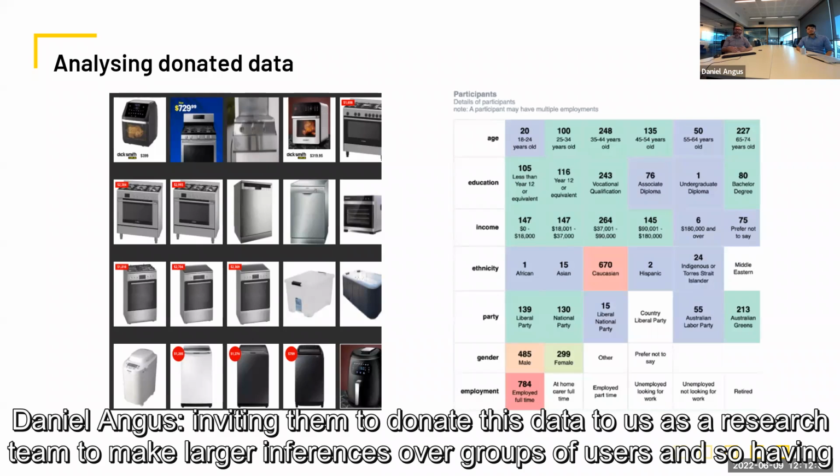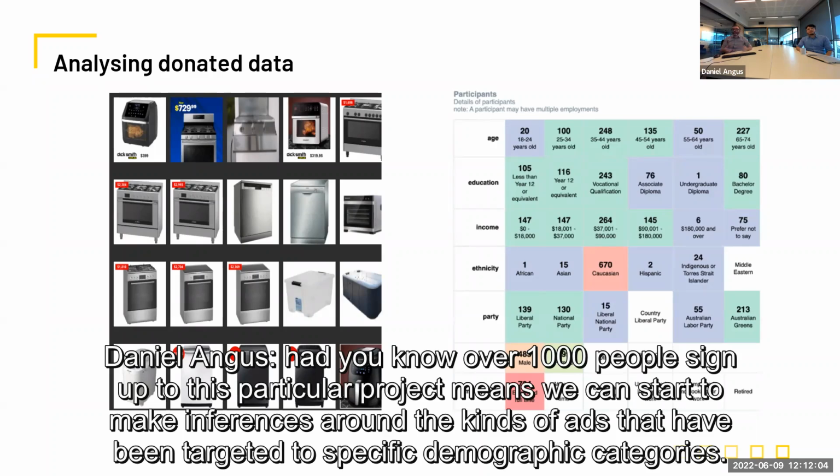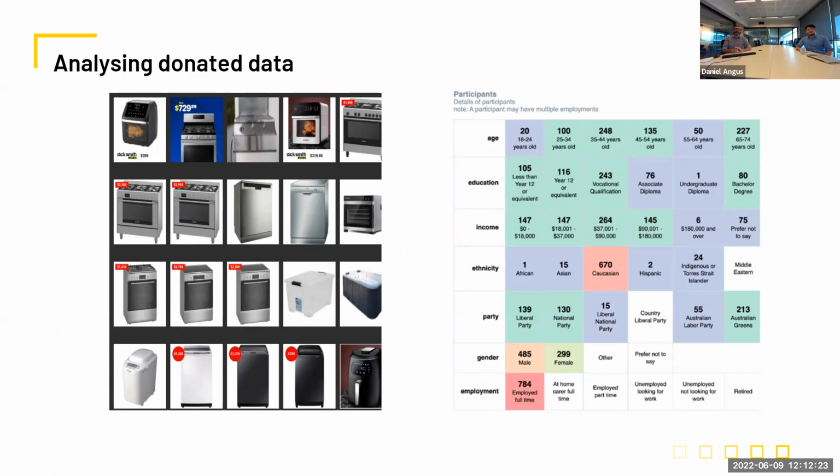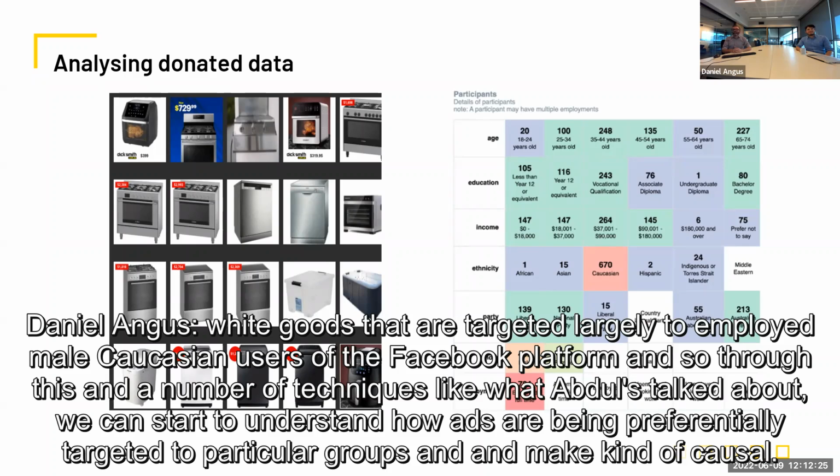And so, having over 1,000 people sign up to this particular project means that we can start to make inferences around the kinds of ads that are being targeted to specific demographic categories. In this case, we see a group of advertisements around white goods, particularly stainless silver and fairly dark-looking white goods, that are targeted largely to employed, male, Caucasian users of the Facebook platform.